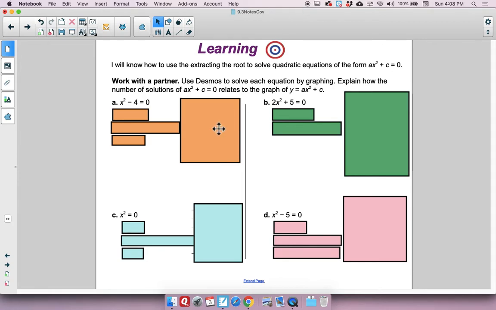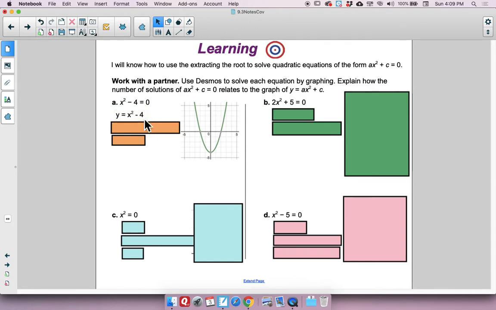Okay, so hopefully you went and you graphed on Desmos, and you would have gotten this. Okay, what do we know? Well, that would be the same as graphing this, right? That's what you would have done. And what do we see? I see an x-axis here.